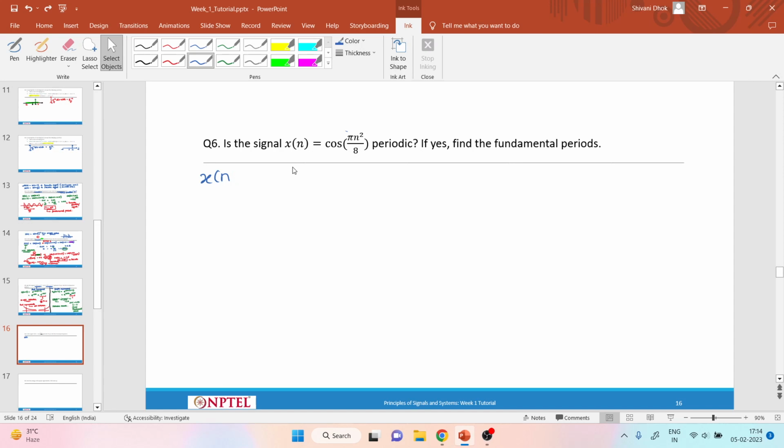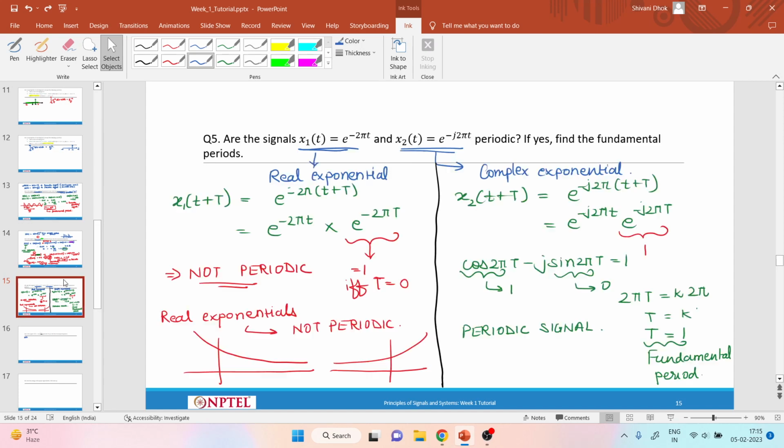So there is a question in chat. What can we say for discrete real exponentials? Okay, so if we look at discrete real exponentials, like x of n equal to e power minus n, how will it look? It will take the value 1 at 0, then e power minus 1 at 1, then e power minus 2, and so on.